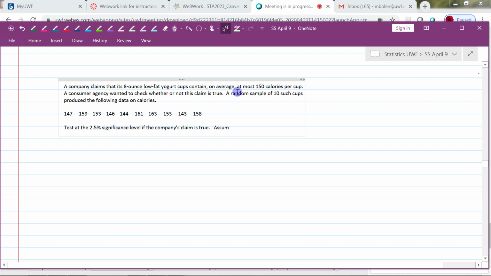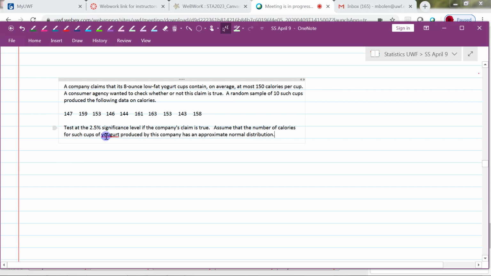Assume that the number of calories for such cups of yogurt produced by this company has an approximate normal distribution. Okay, let me correct my one spelling error there, and that's the problem.